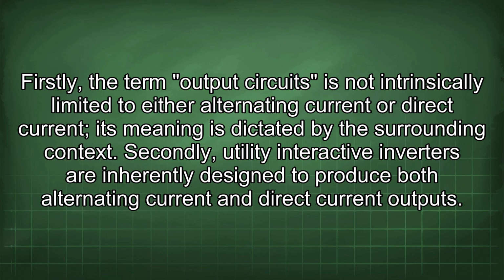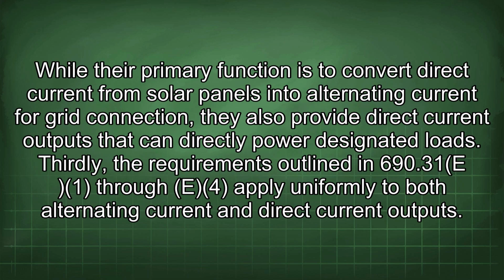Its meaning is dictated by the surrounding context. Secondly, utility interactive inverters are inherently designed to produce both alternating current and direct current outputs. While their primary function is to convert direct current from solar panels into alternating current for grid connection, they also provide direct current outputs that can directly power designated loads.